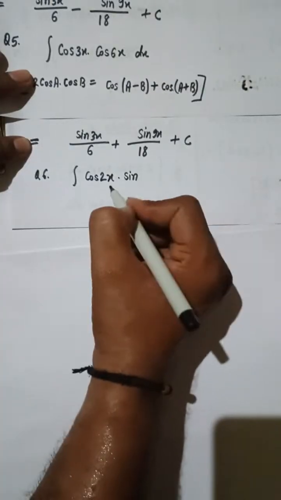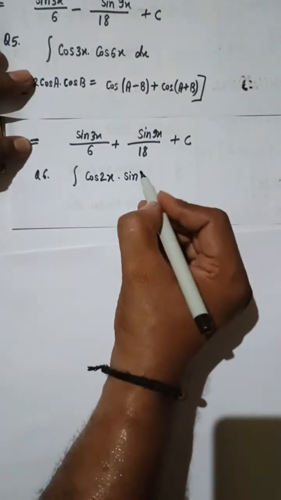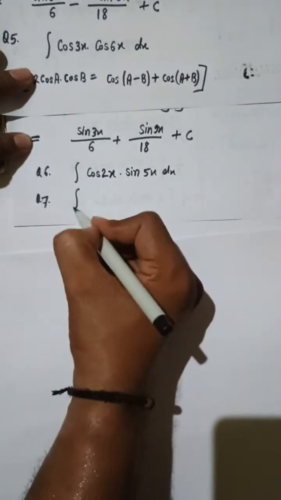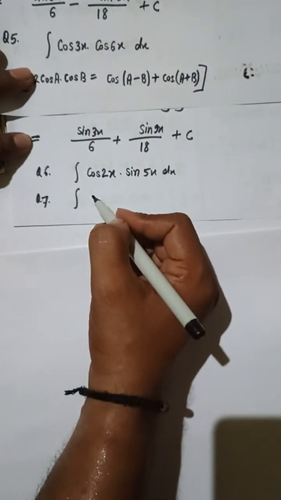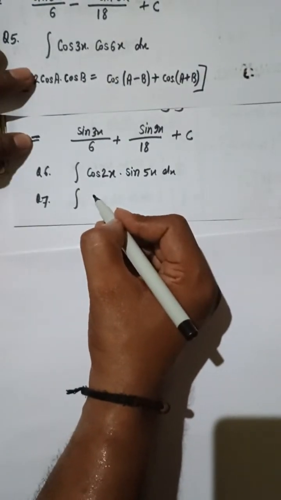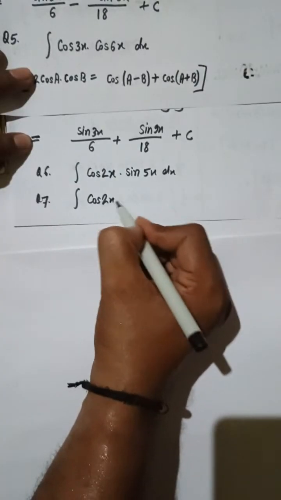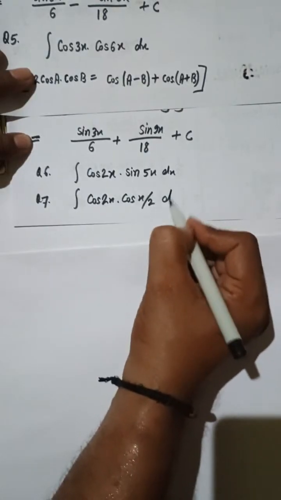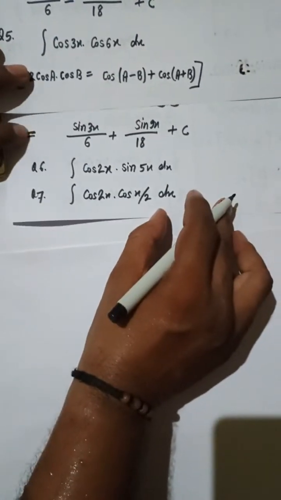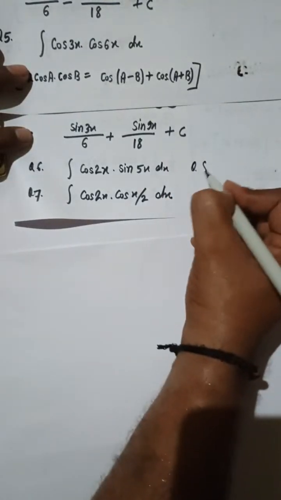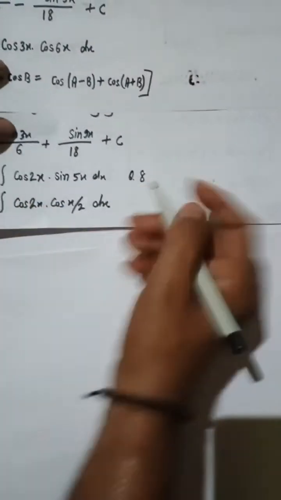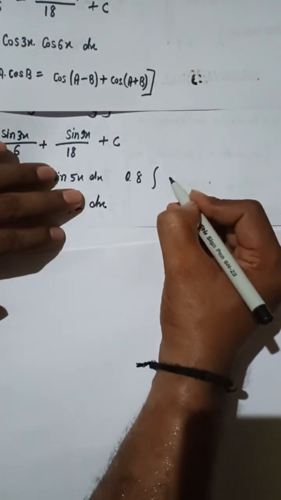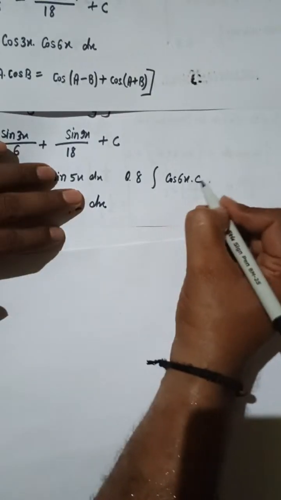Here you can solve the integration of cos 2x sine 5x dx, and then integration of cos 2x into cos x by 2 dx. And question number 8: integration of cos 6x into cos 4x.